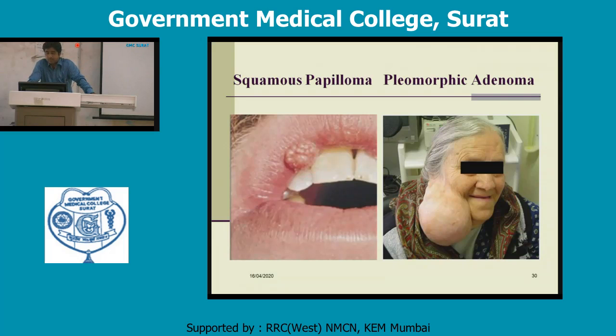Gross picture: the left one shows a gross picture of squamous papilloma of the lip. It is very small in size and can be easily surgically excised. The right one is pleomorphic adenoma of the salivary gland. Though it is large, it is a benign condition.